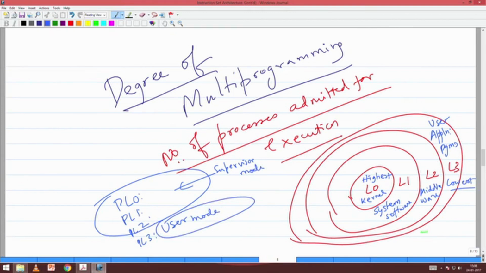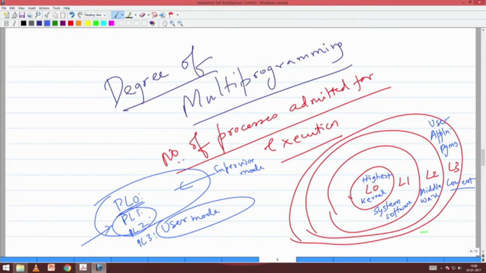Actually you can do much more classification there, but it does not exploit these modes. PL0 is for supervisor and PL3 for user. I have not seen any Unix code which uses PL1 and PL2.